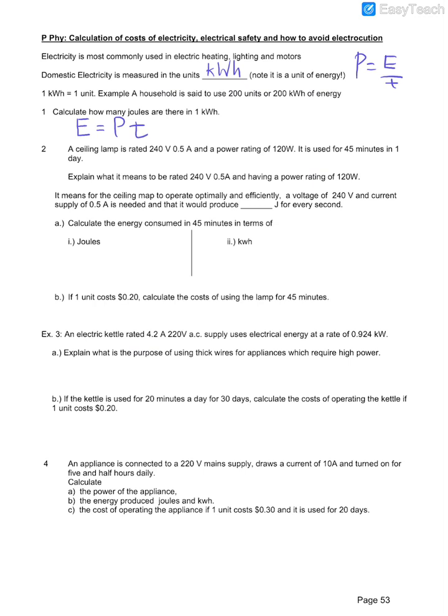So you're wondering, how many joules are there in 1 kilowatt hour? What's the relationship between kilowatt hour and joules? You use this formula E equals Pt. Then you substitute in P. How much? 1 kilowatt means 1,000 watts.